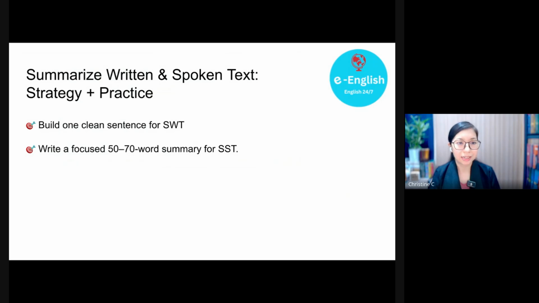Build one clean sentence. And for the SST, write a focused 50 to 70 word summary based on an audio that we listened to. Okay, so each of the activities we have here for today will give you a chance to apply these strategies in realistic exam style contexts to improve your performance.